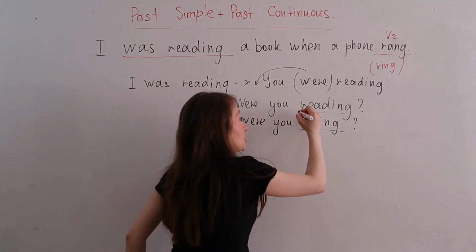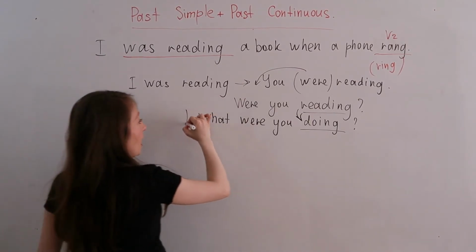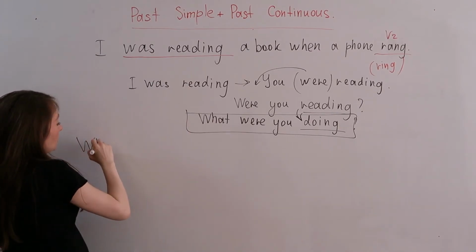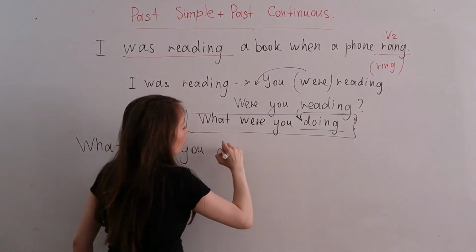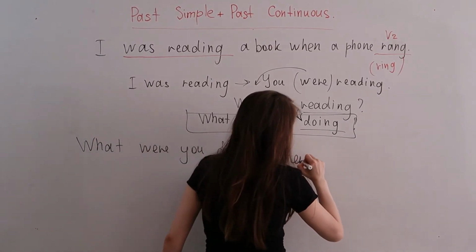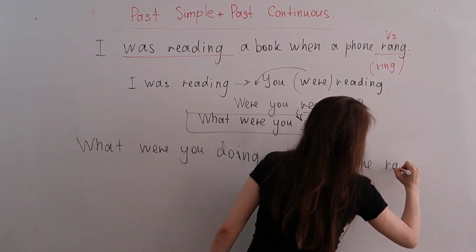That's why I changed this verb with do. So we have the specific question now. So the question is, what were you doing when the phone or a phone rang?